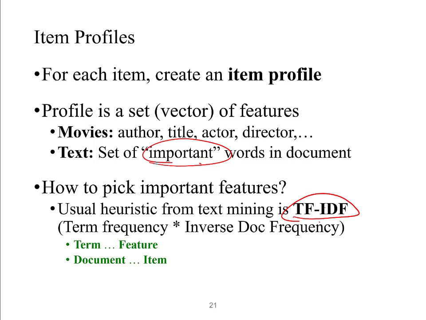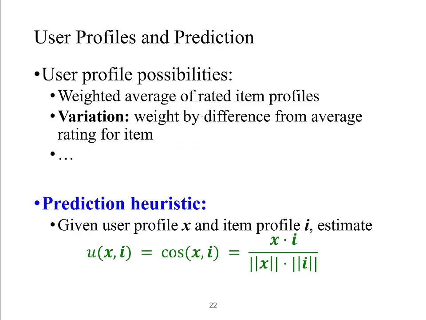We introduced this at the very beginning of this course. If you can't remember it, I think it's in L3. In this case, the document is the item, and the terms are the features. So either way, the item profile will be a feature vector. Just remember this because we need it to create the user profile.